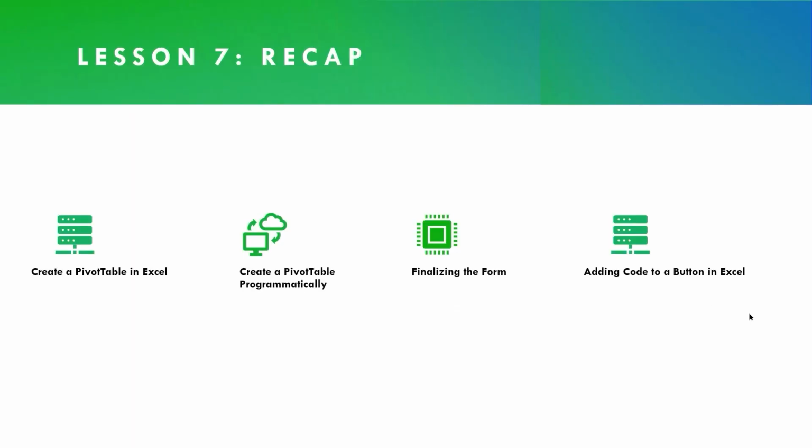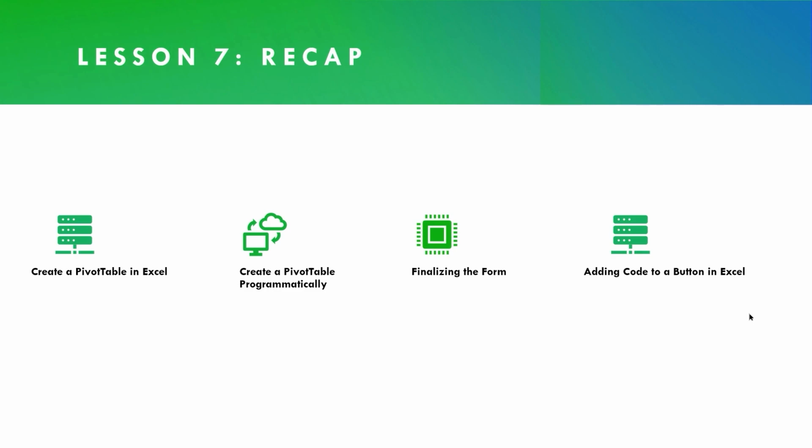To recap Lesson 7, we started by recording 2 separate macros in Excel to create a pivot table first, the framework of the pivot table, and then to create the fields that we want to use to populate the pivot table. So 2 separate macro recordings.